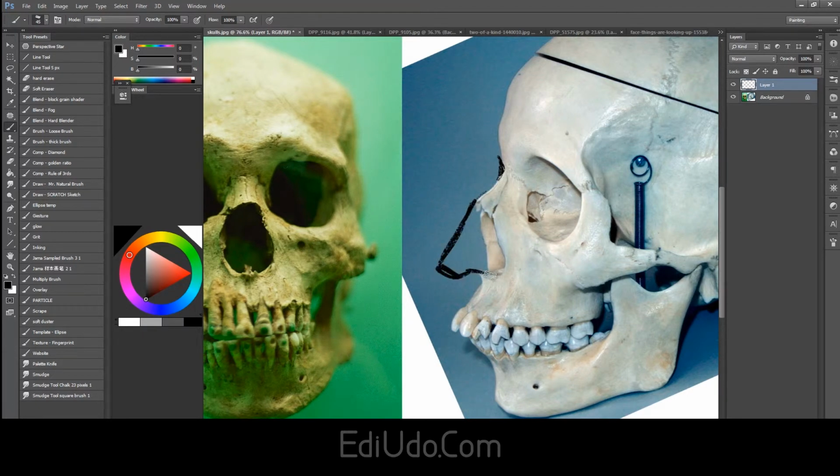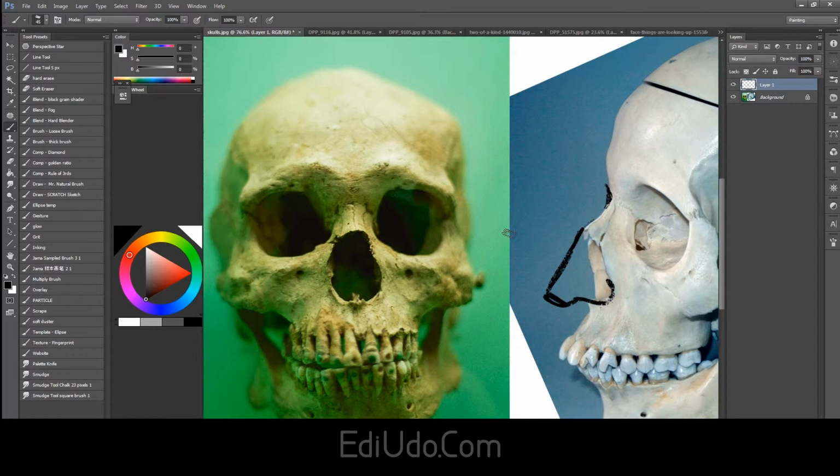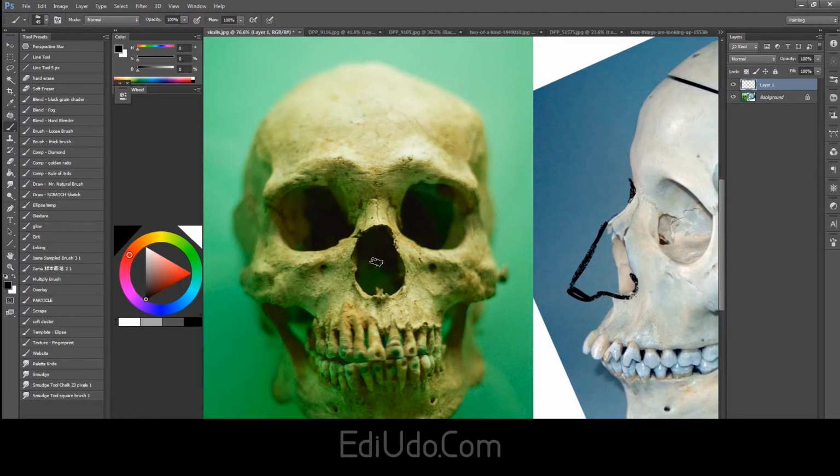It's basically the same sort of material that your ears are made from. So that's how the nose fits into the face. Just to get that out of the way.